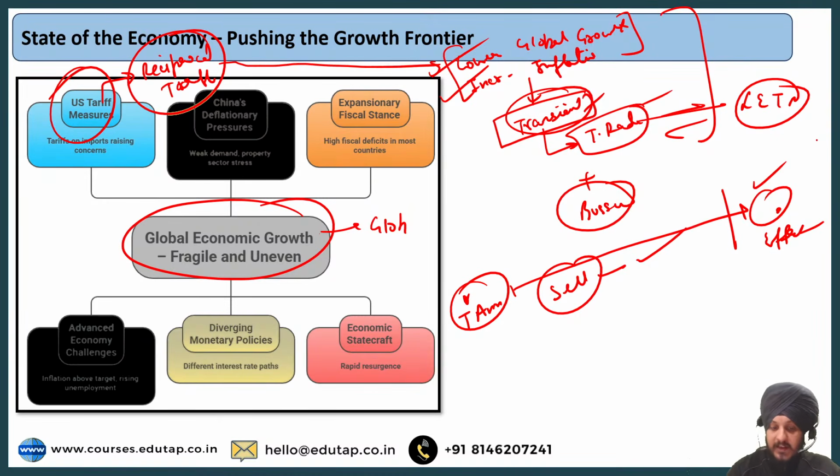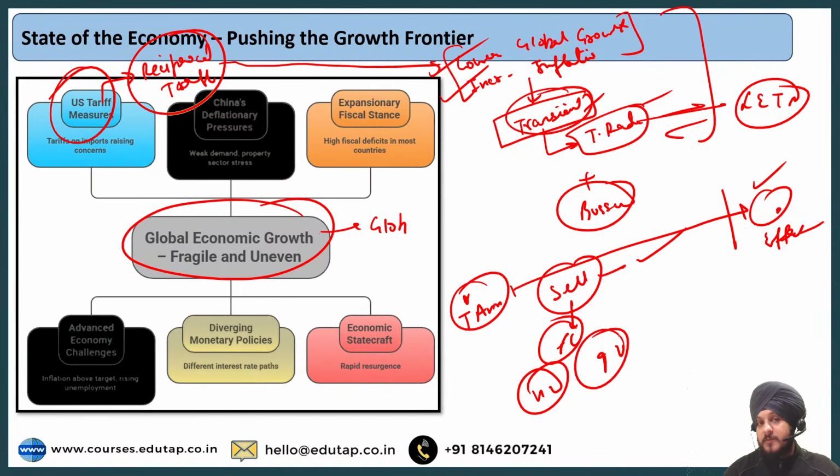Because of this, it led to the front loading of exports. And the US households and businesses increased their spending, buying more things because they knew the tariff was going to get higher. That was also one of the important factors that slowed down the effect of these tariffs, right?